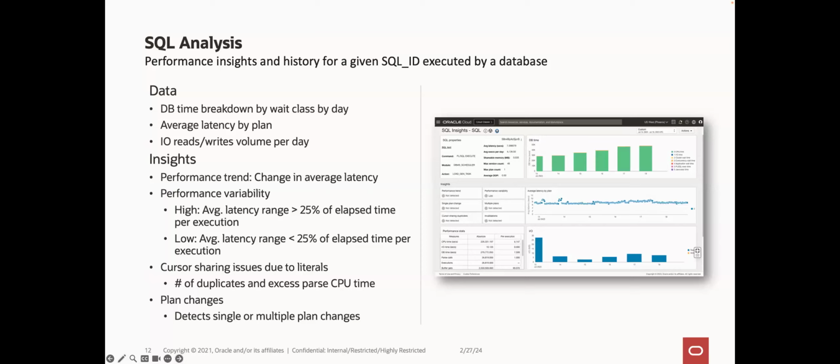Insights include the detection of gradual performance degradation, plan changes impact, cursor sharing issues, and variable performance. In terms of what it identifies, it helps users with plan changes affecting average latency. It also helps with cursor sharing issues by providing the necessary insights.